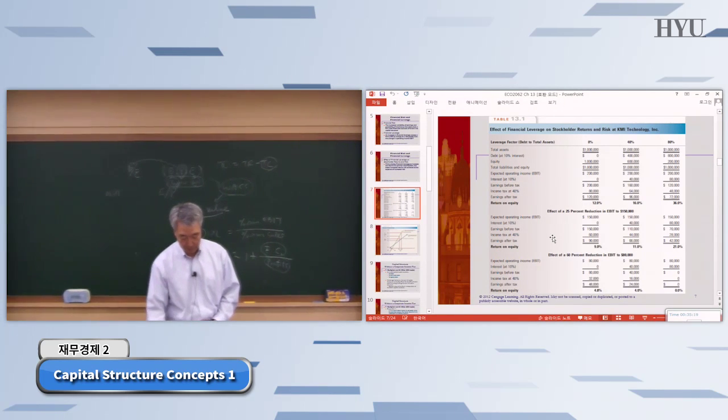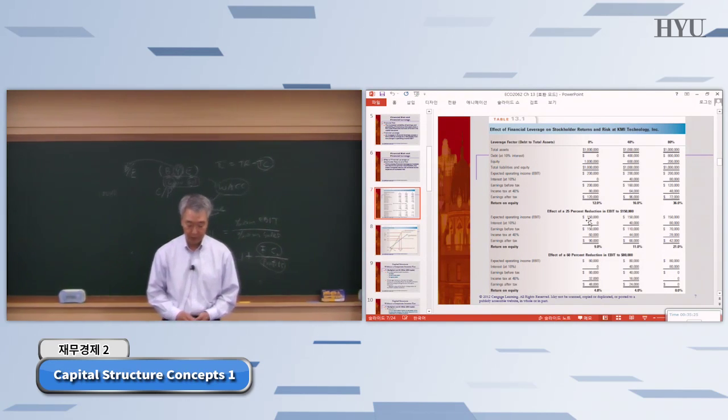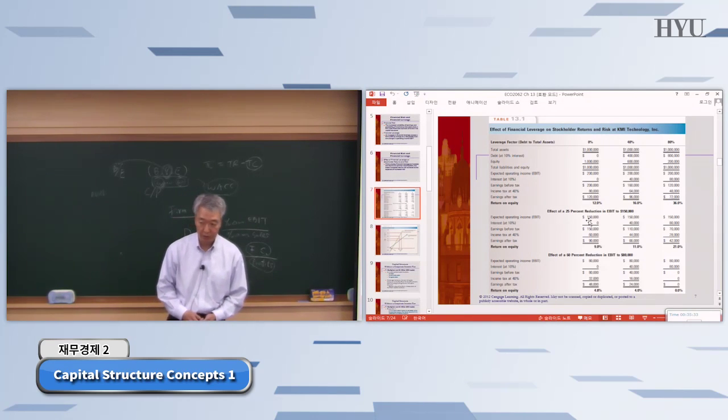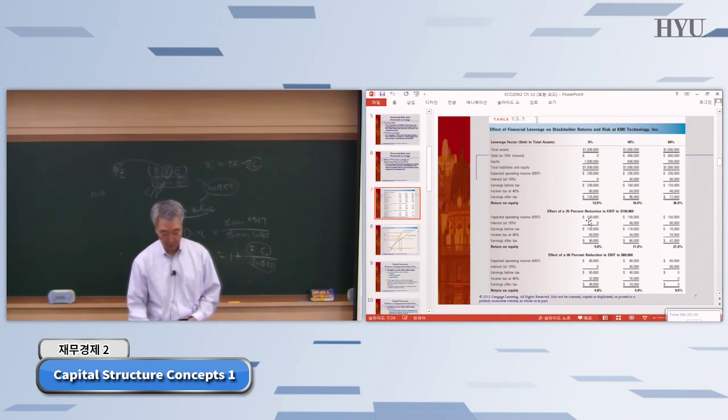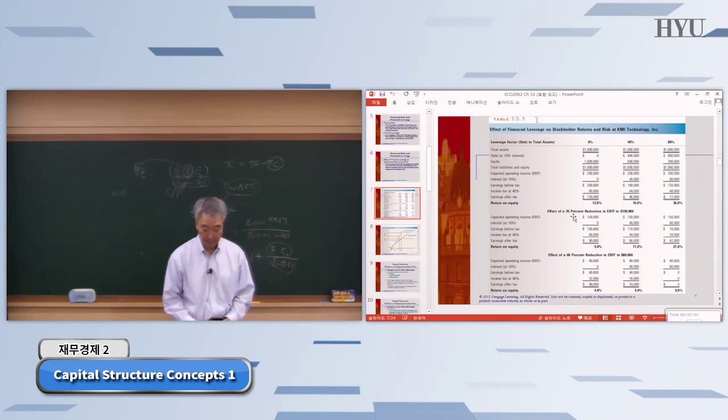So here, when something happens and EBIT goes down because of, say, a slow economy, the economy went into a recession, and the EBIT went down from 200,000 to 150,000. That is a 25% reduction in EBIT.